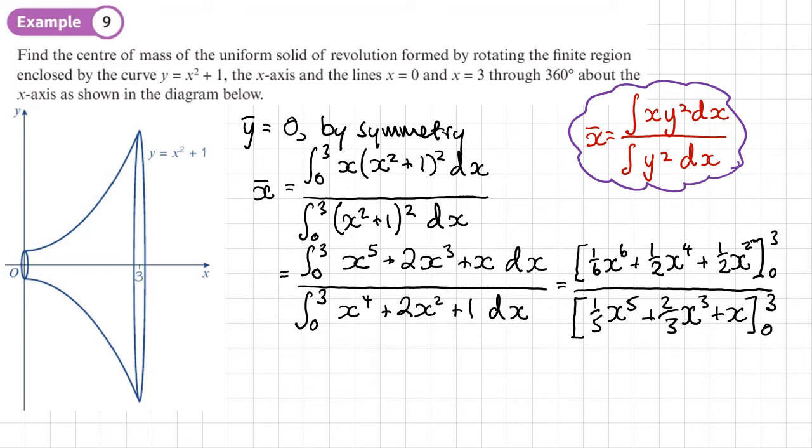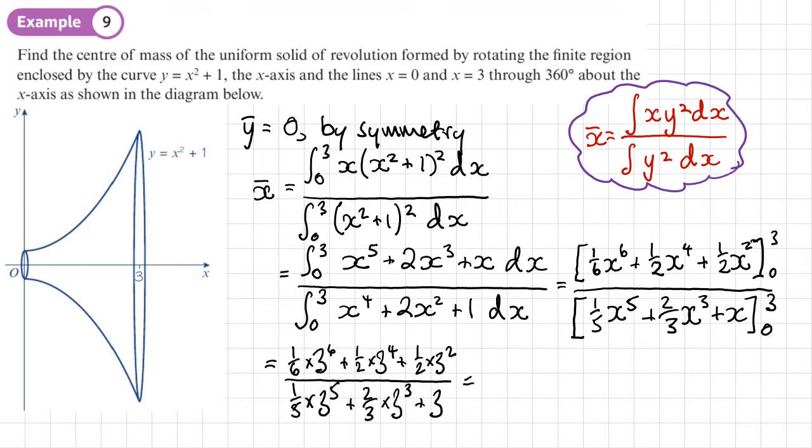So now we can plug in those limits. So this is what I get when I substitute in the 3. Obviously when I put the 0 in, it's just going to give me 0. So evaluating the top on my calculator, I get 3/2. And again with the bottom on my calculator, I get 3/8/5. Now we'll divide those by each other, see what we get.